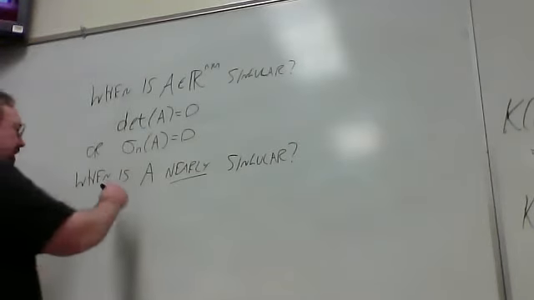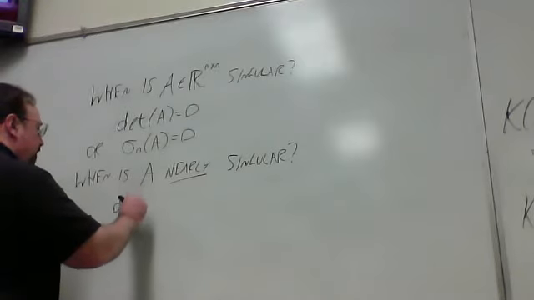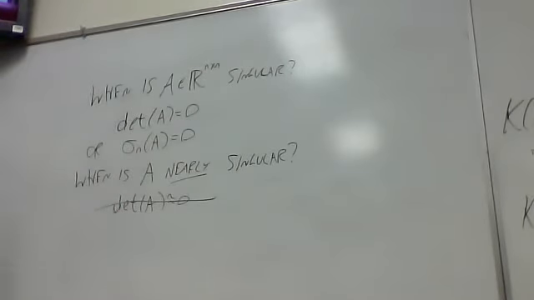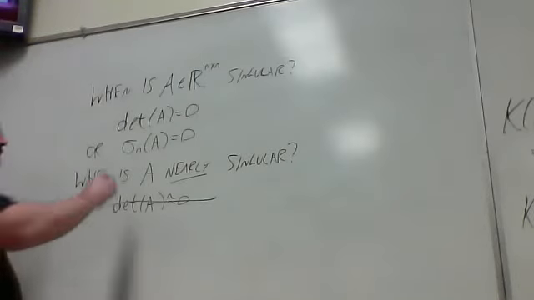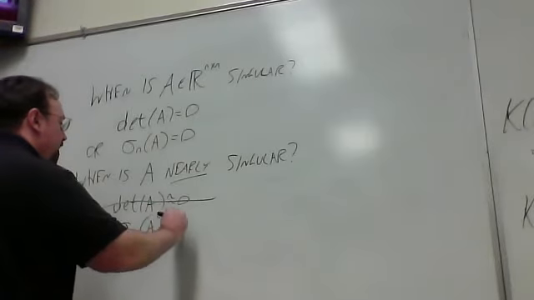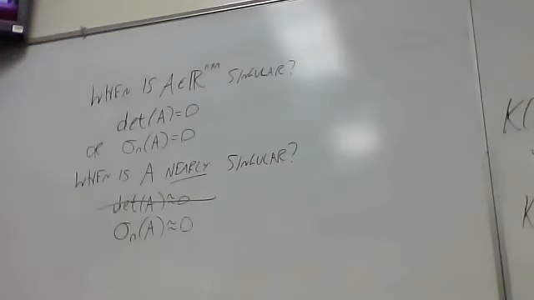Well, it turns out that if you think you want to use the determinant, that is wrong. It's this measure, the smallest singular value of A being nearly 0, that is much more reliable.